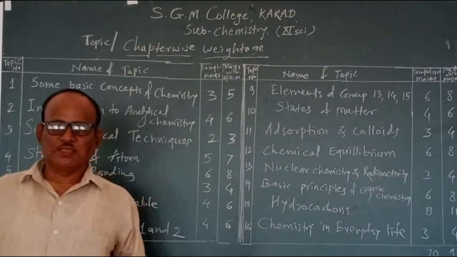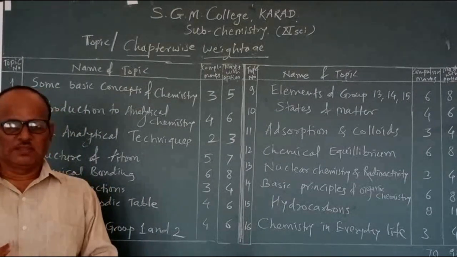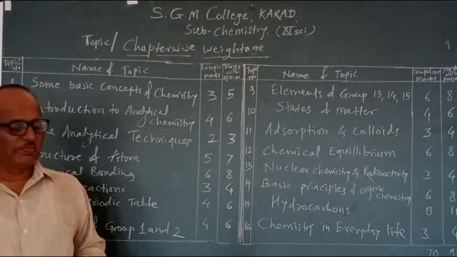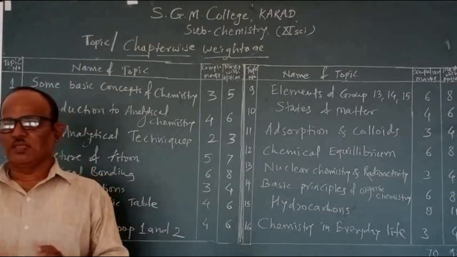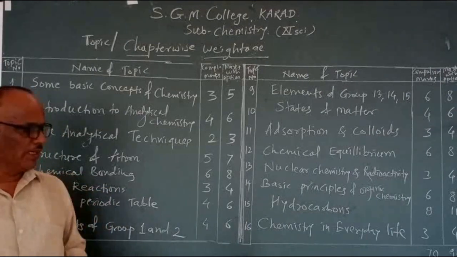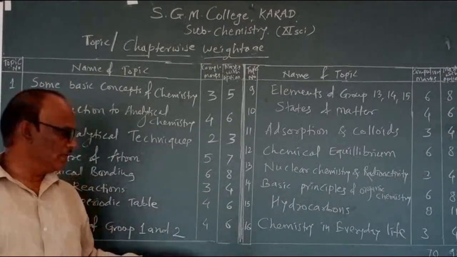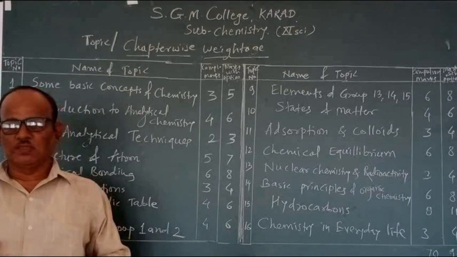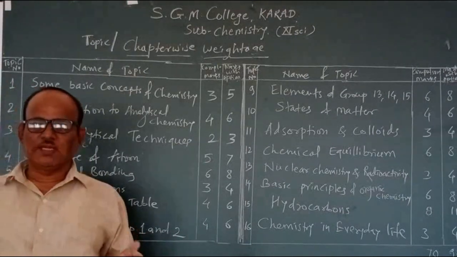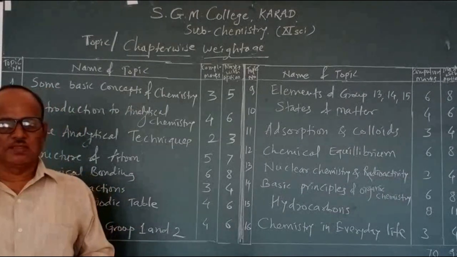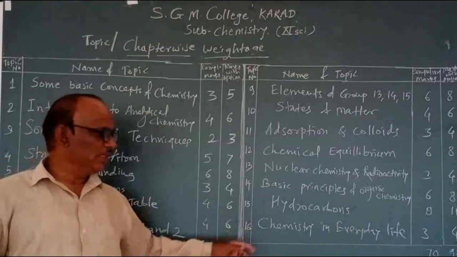Then plastic. Plastic means polythene. Polythene is a polymer of ethene. This is also used in our daily life. There are so many examples of organic compounds that we use in our daily life. Then some medicines are also included: analgesic medicines, antibiotics, disinfectants, all such types of medicines are given in this last topic.